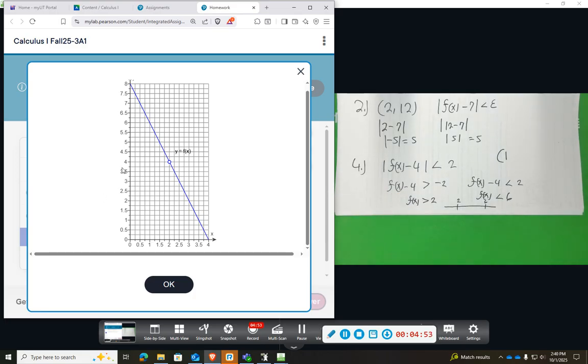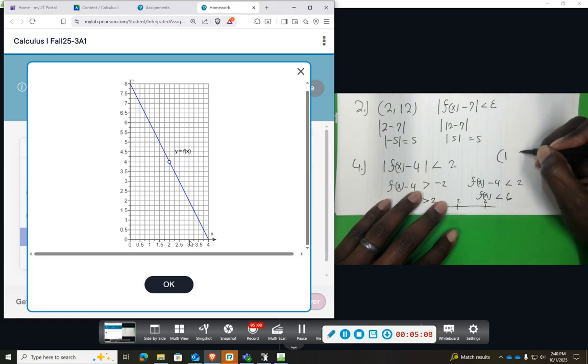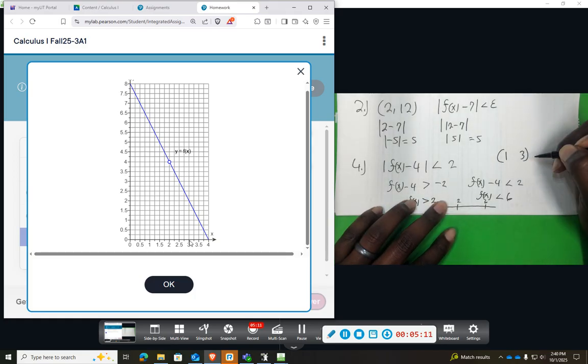Now if I go to 4 and I drop down to 2, so that's the other part. And we're going to go straight across and see where that intersects our graph. That intersects here. We're going to drop straight down and we get 3. Okay. So our x should be in the interval 1 to 3.